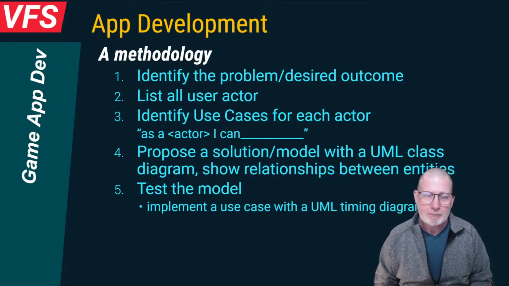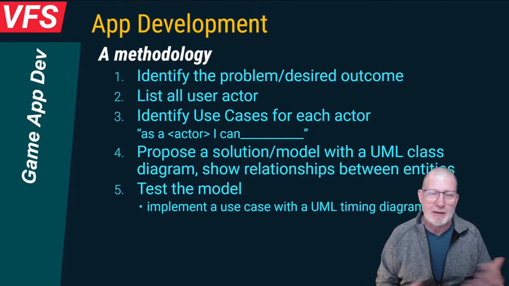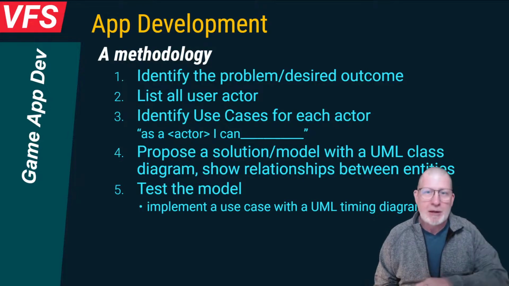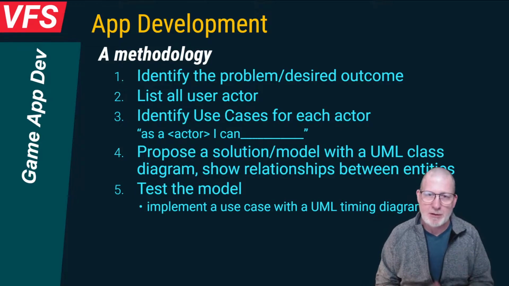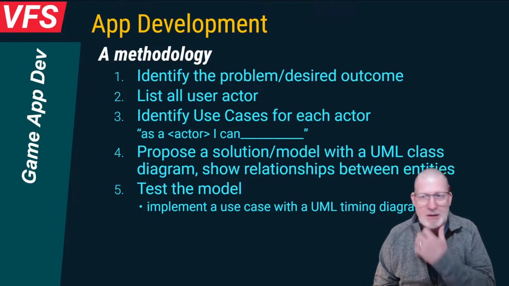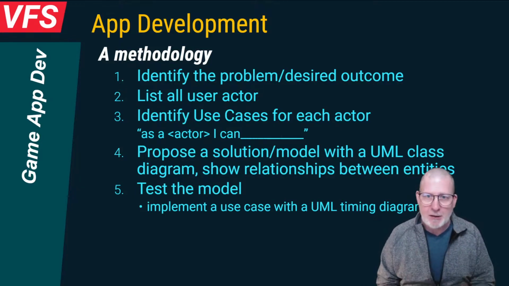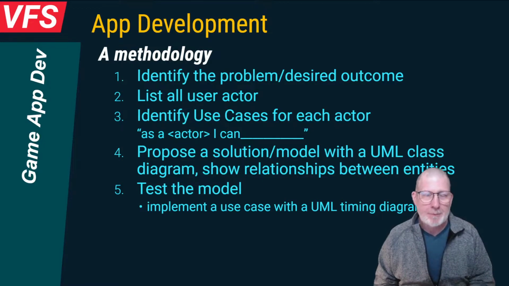The UML class diagrams, I think, are super helpful. They help you identify what it is you're building. And they're independent of the graphics and what you see on the scene or the screen. The timing diagrams, they're very painful to do for anything complex, but they're also very helpful.